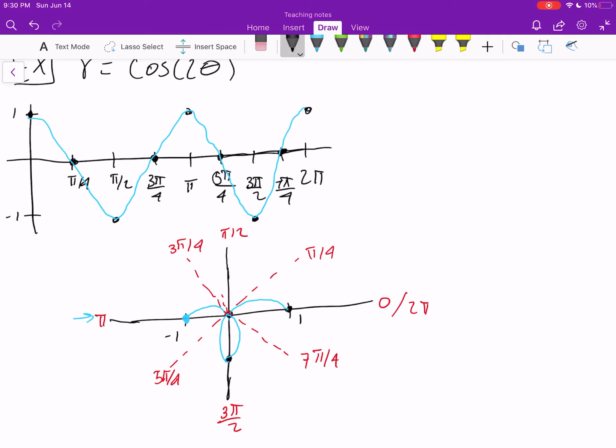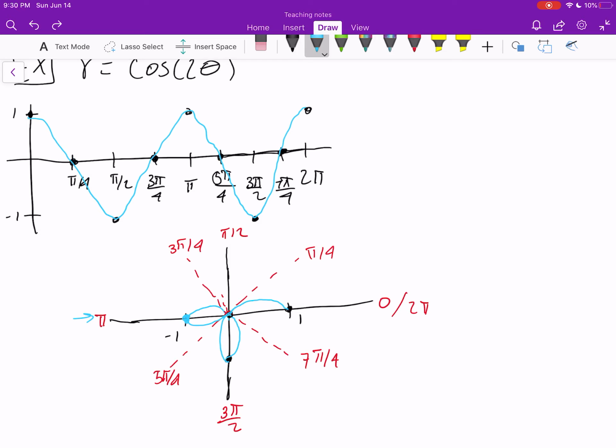Anyway, I was at pi, and now I'm going to 5 pi over 4. So as I go to the angle 5 pi over 4, I need to go back to the origin. So this is going to look like this, except I'm doing it in blue. It's going to look like that. So as I go from 5 pi over 4 to 3 pi over 2, in this angle region, I'm going to go from 0 to negative 1.